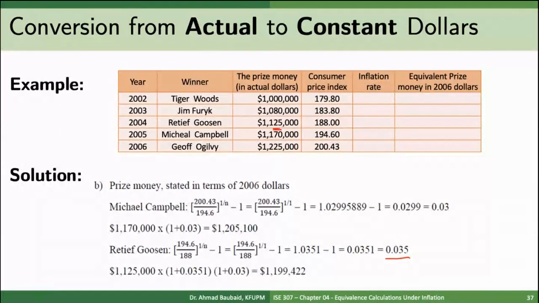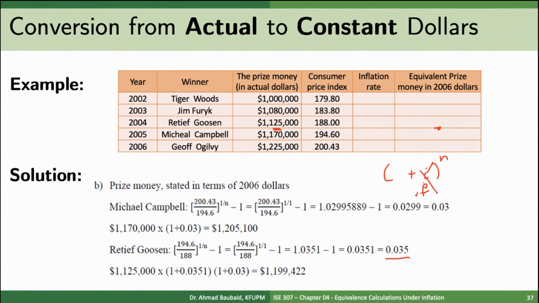Now I need to convert this value into this value here, constant dollars measured in the year 2006 dollars. The way I do it is, of course, I need to be careful. Now I have annual inflation rates, so I can't just use the formula that says raise something to the power n, because remember, that assumes that whatever rate, whatever f I put in here, is constant.